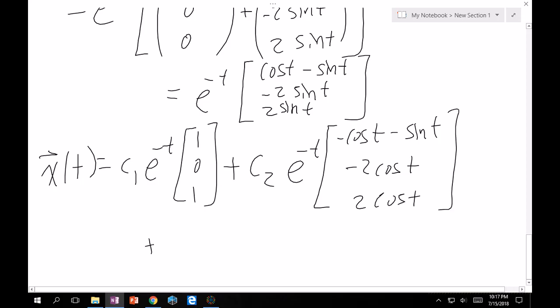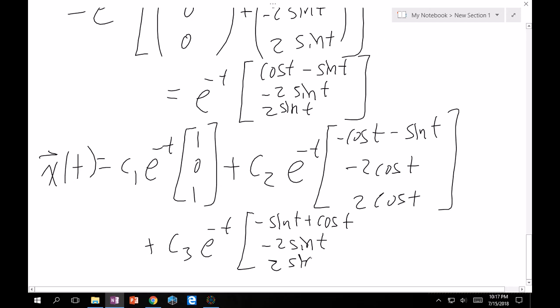And then plus c3 e to the minus t again. And then (minus sine t plus cosine t, minus 2 sine t, and then 2 sine t). And that's it. So feel free to use the formula in case your professor is there. And yeah.